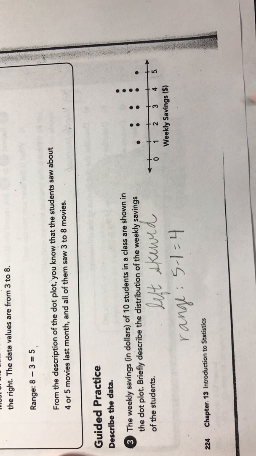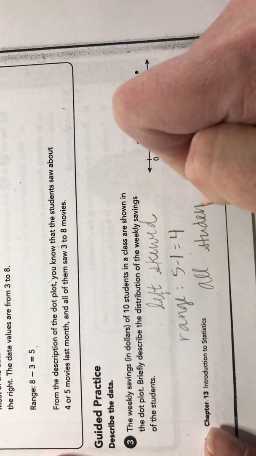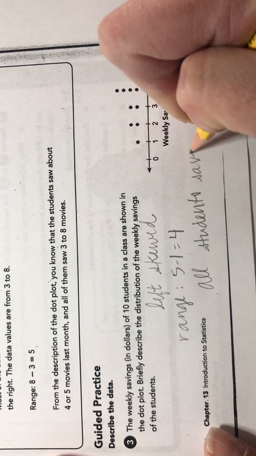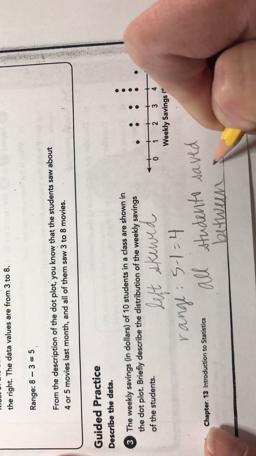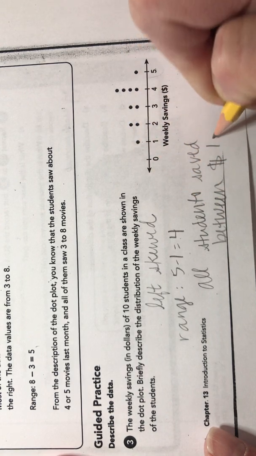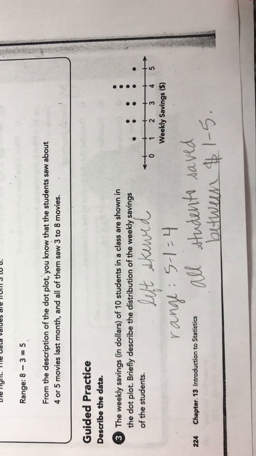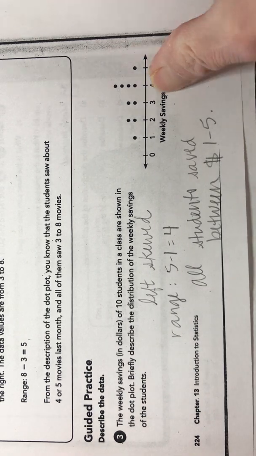I could say that all of the students had savings between $1 and $5. How's that? That would work for me. That would work in an answer. Absolutely. Let's see if there's anything left. Next page.